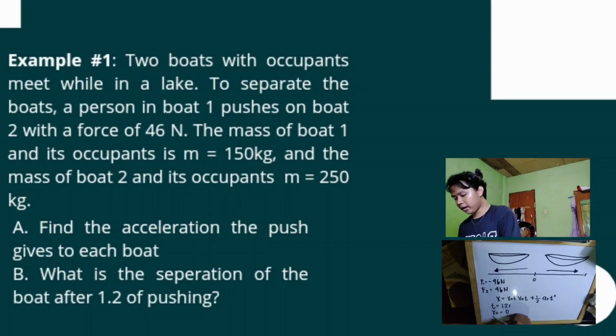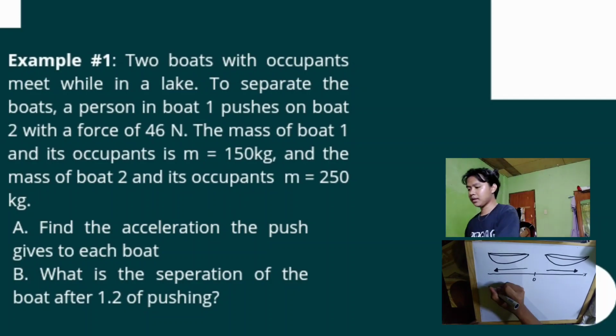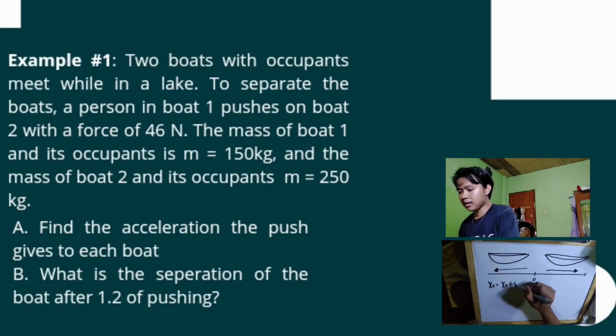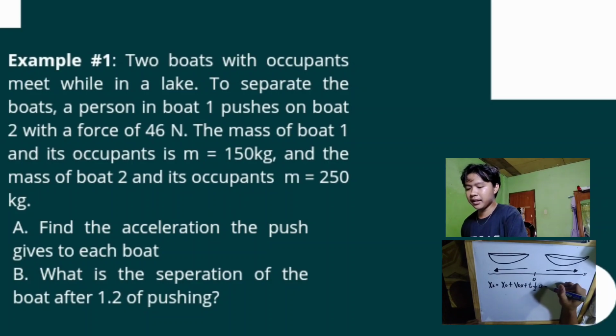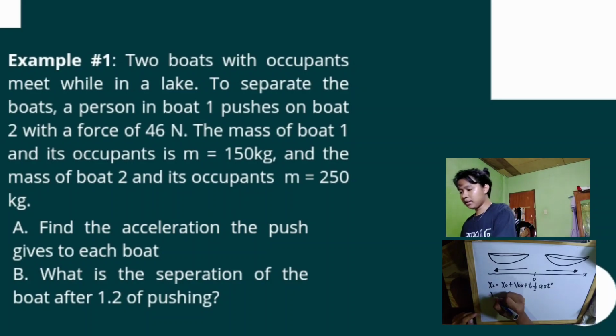So our value of v sub o x is 0 din. Nag-start lang sa rest. Mag-start tayo sa separating ng both 2. So x sub 2 equals x sub o plus v sub o x times time plus 1/2 a multiplied by t squared. I-substitute natin yung given.